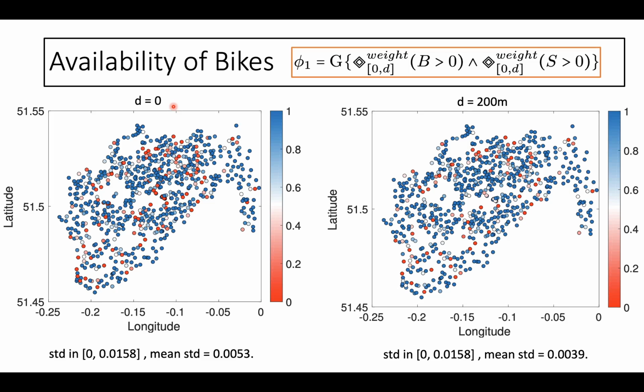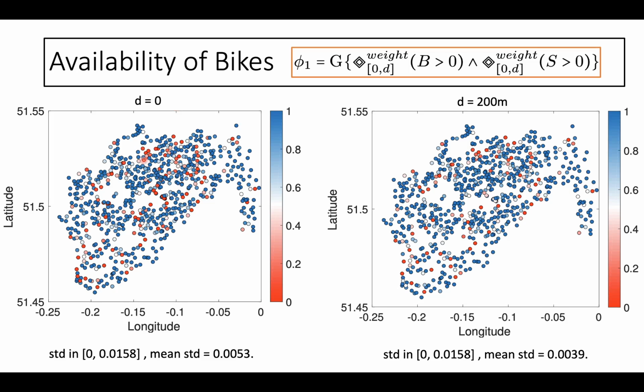At time 0, when D is equal to 0, we are checking just the station where we are checking the property. So it is always true that in the location we are checking, there is at least one bike and one free slot. And as you can see, there are many stations that do not satisfy the property.